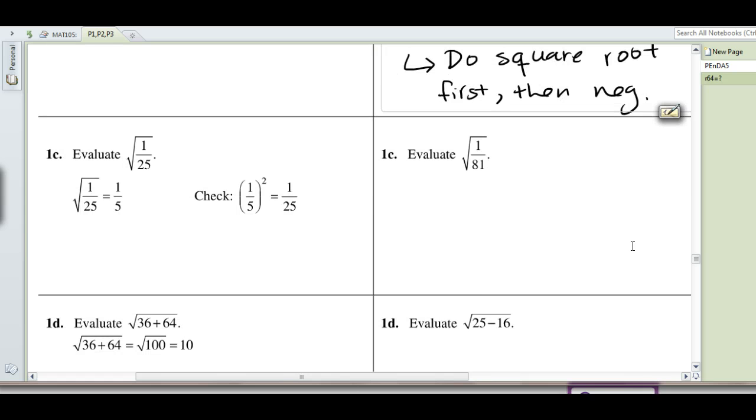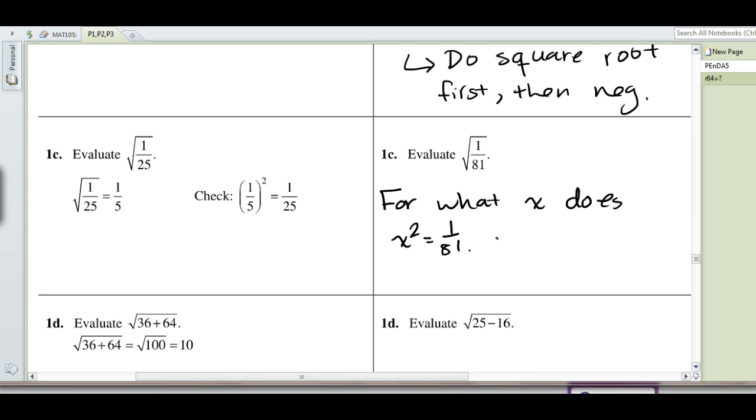Okay, square root of 1 over 81. There's a couple ways to think about this, but it's basically the same sort of thing. For what x does x squared equal 1 over 81? Well, we know that 81 is equal to 9 times 9, so that gives us the obvious guess.